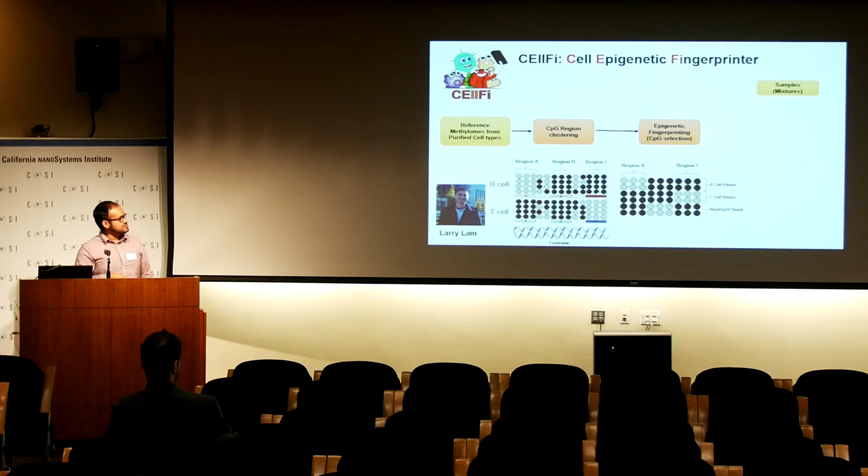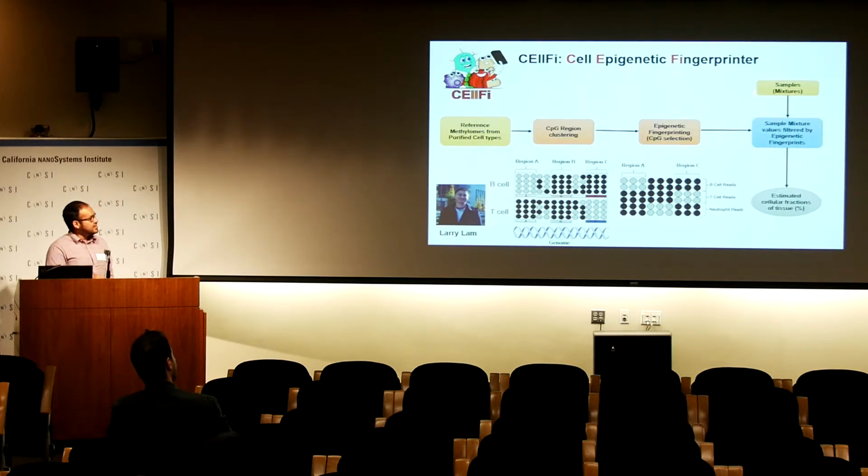Whereas we have another region which is demethylated in T cells, but methylated in B cells. So when we look at our mixture, if we only look at these CpG sites, we can infer the quantitation from that. We then merge these selected CpG sites with the sample mixtures to estimate the cellular fractions through linear regression.